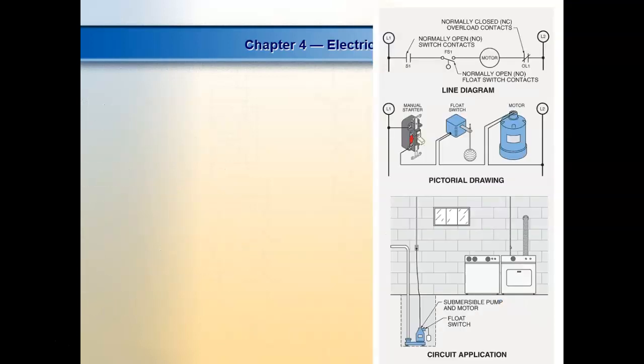So these are just diagrams, guys. They're showing pictorial diagrams. Float switch, right? A switch with an overload in it. And this would actually be the physical appearance of a float switch. They're using it as a sump pump in a basement.